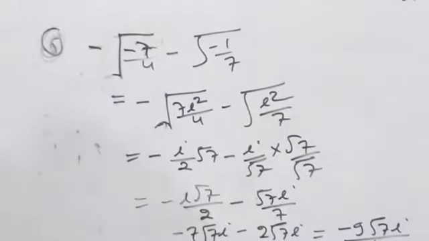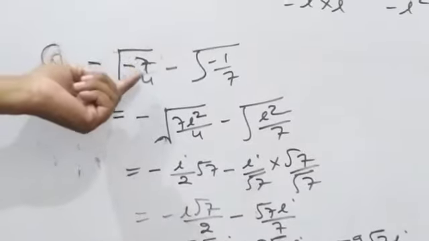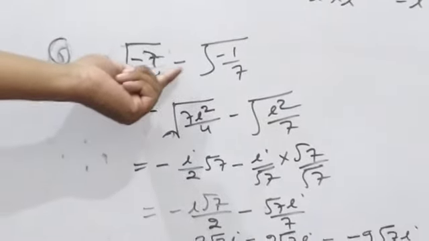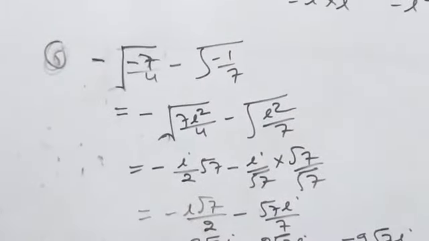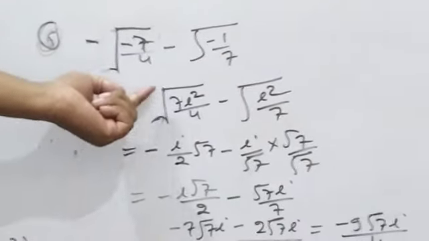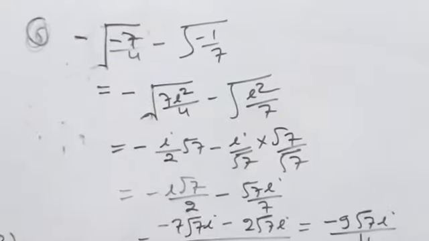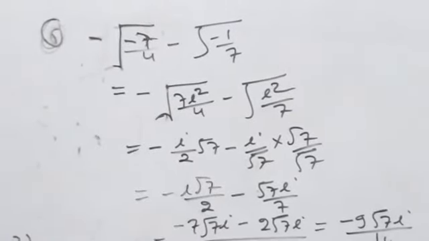Now the last question of this video. Simplify minus under root of minus 7 by 4 minus under root of minus 1 by 7. Already you know i square is equal to minus 1.